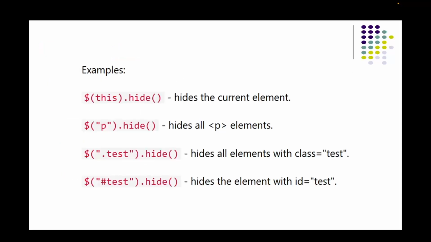So for example, $(this).hide() will hide the current element, and $("p").hide() hides all the paragraph elements. And .test represents the class attribute and #test represents the ID attribute. So those elements with those attributes will get hidden.